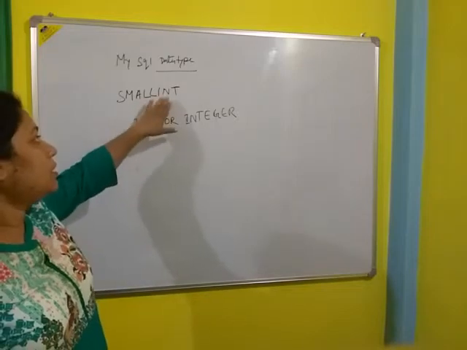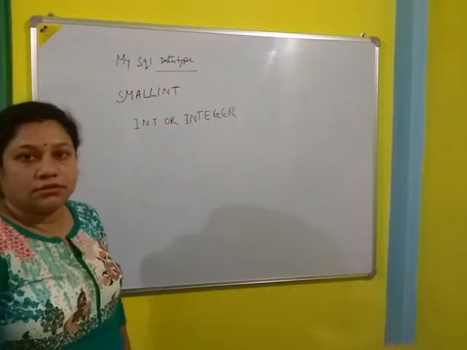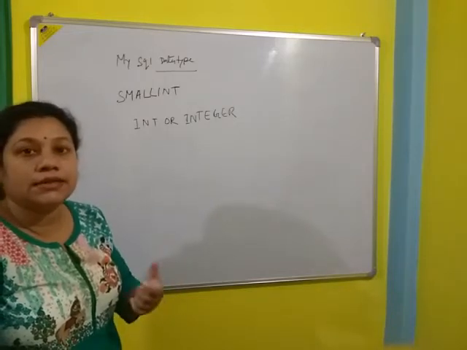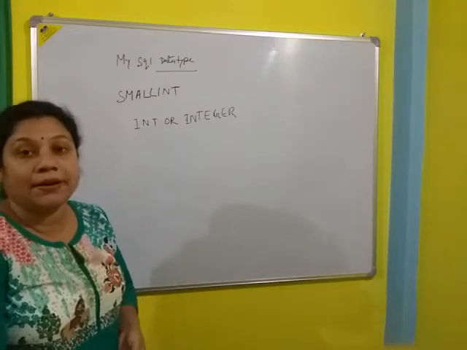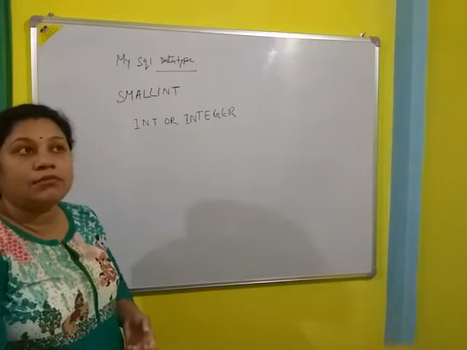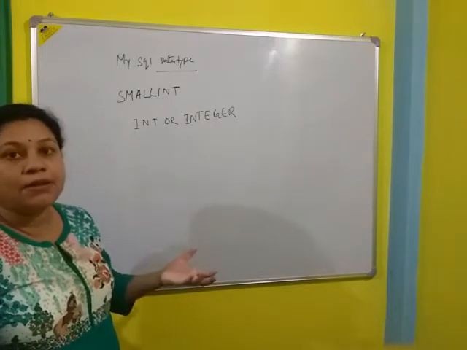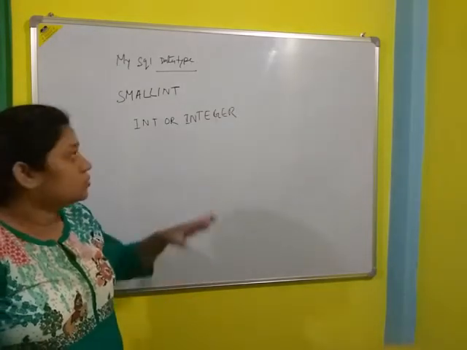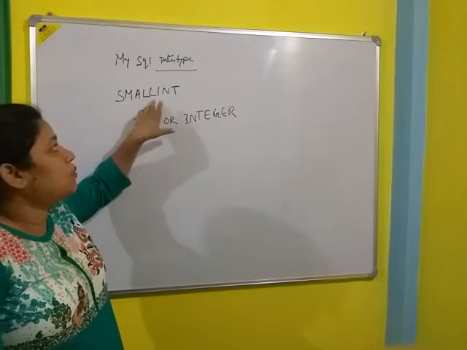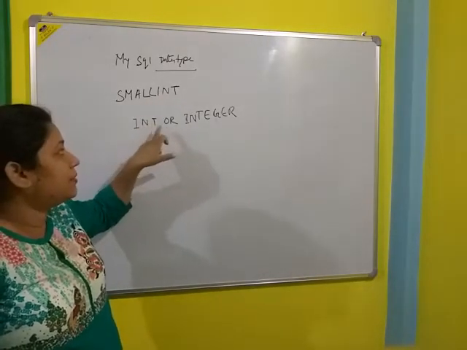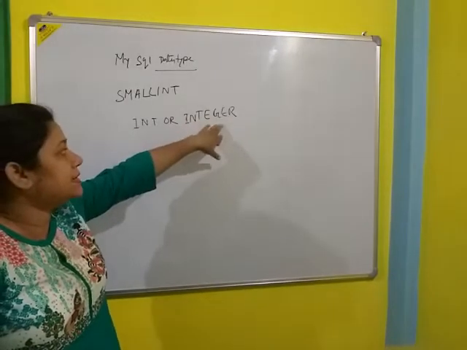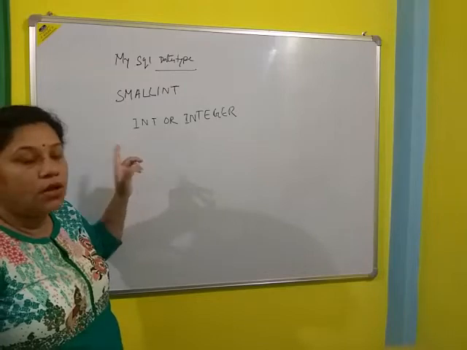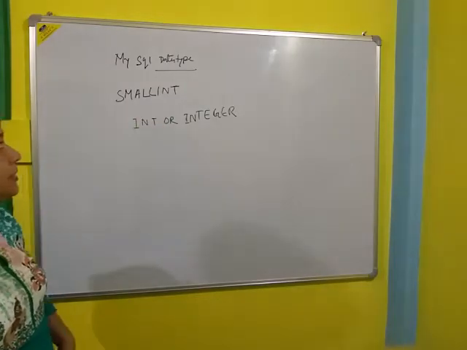So first of all, what is integer? Integer is a particular data type which is used for non-decimal numbers, and for that type of number SQL uses two different data types. One is small int, the other is int. You can write it in full form, that is integer, or in short, that is int. So what is the difference between them?